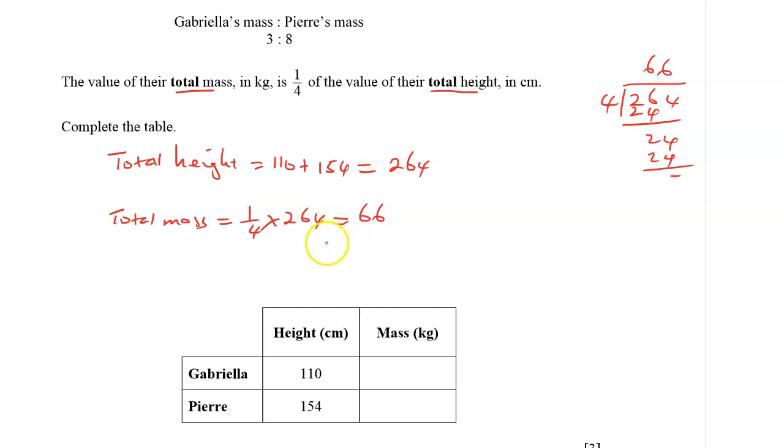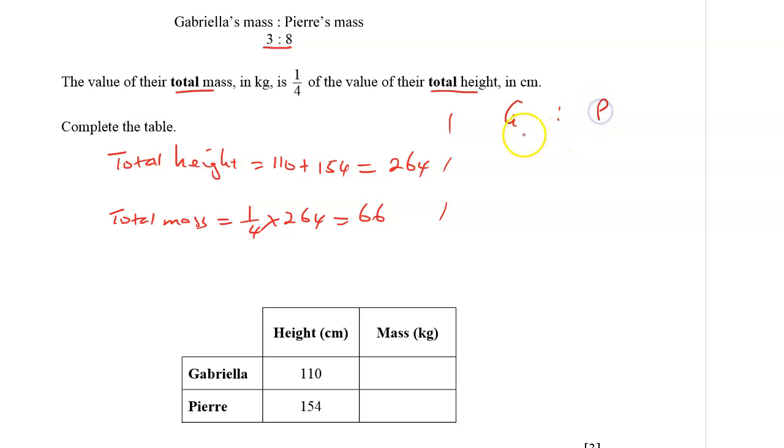So 66. So the ratio of their masses is 3 to 8, this is Gabriela and this is Pierre, and therefore the sum of their ratios is 8 plus 3, which is 11.